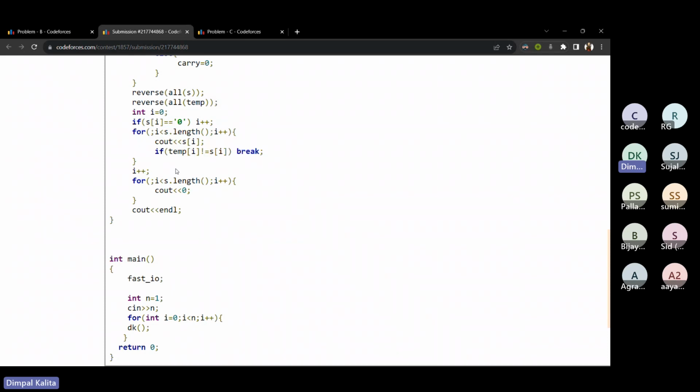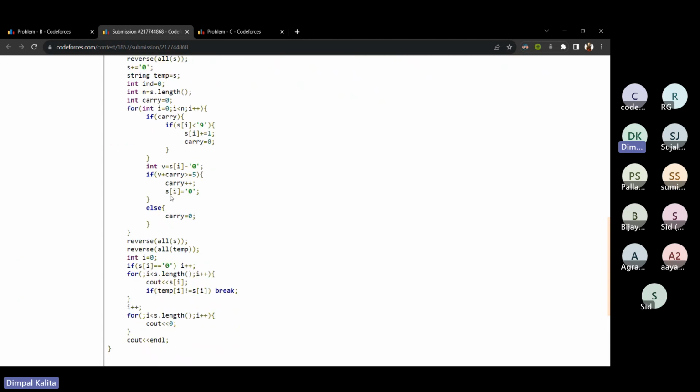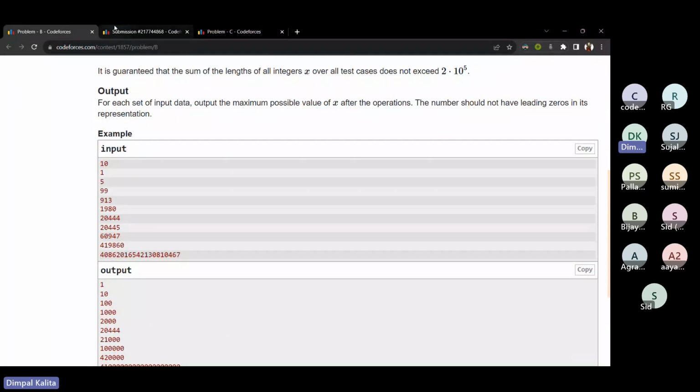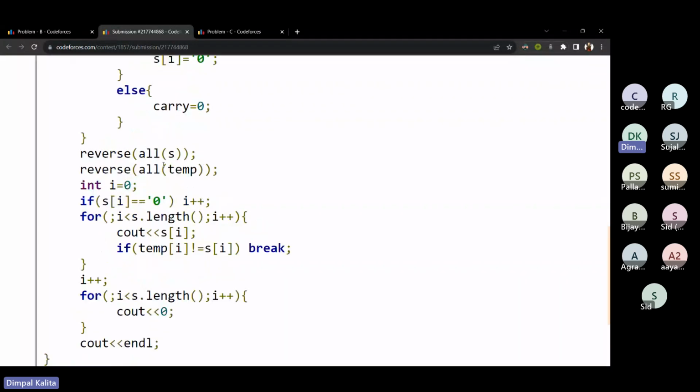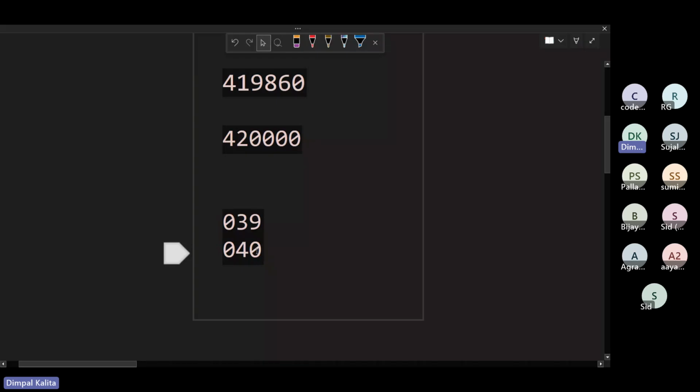Then a for loop. This temp is the previous string I had gotten, the string from the input of the test cases, and s is the modified string. You can see here, this is the given string and this is the modified string. This 3 and 4 is not equal. This 0 and 0 is equal, and if I put 2, this 2 and 2 is equal, and this 3 and 4 is not equal.